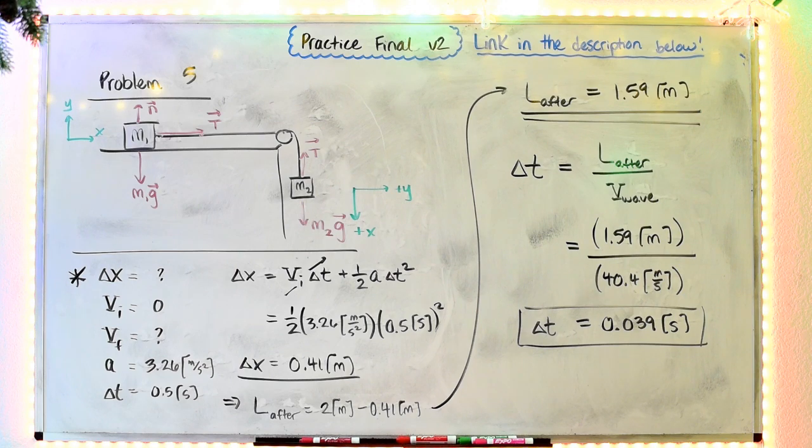This one might be a little bit more confusing because you might not have realized that the length of the string was changing based on the fact that the mass was dropping and bringing mass 1 to the right.